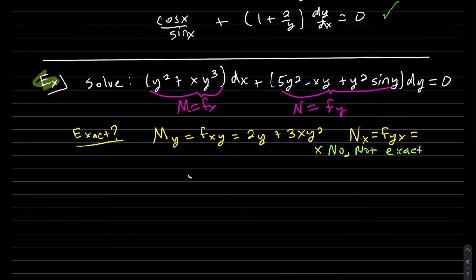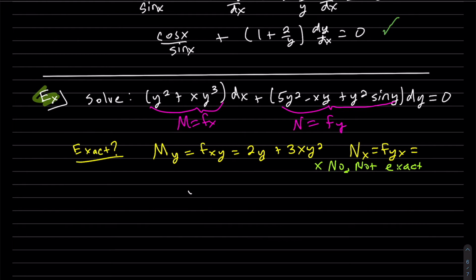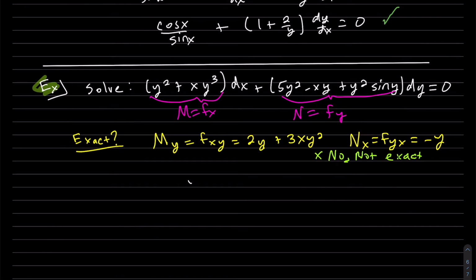So f of yx, so in terms of x, is a minus y there. So be careful. We need to make sure we do these carefully because we need these values in our formula.